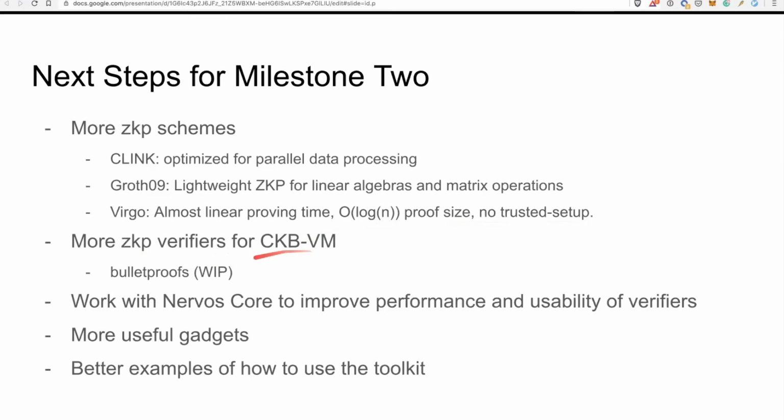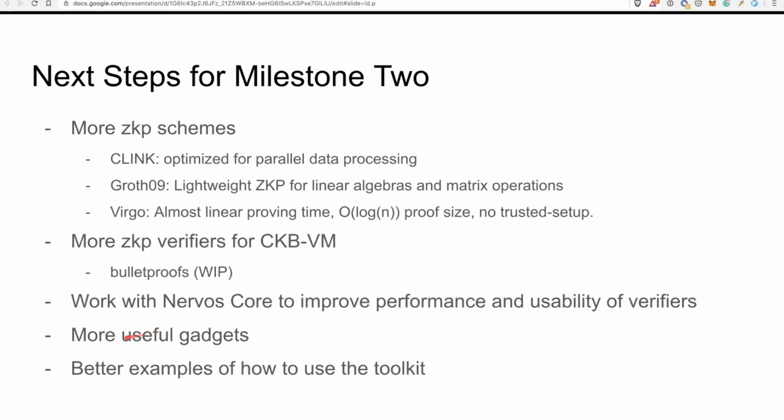Actually, we are still tuning the Bulletproofs implementation, and it's actually runnable for CKB-VM. It's a work in progress. We will work with the Nervos core team to improve performance and usability of ZKP verifiers.